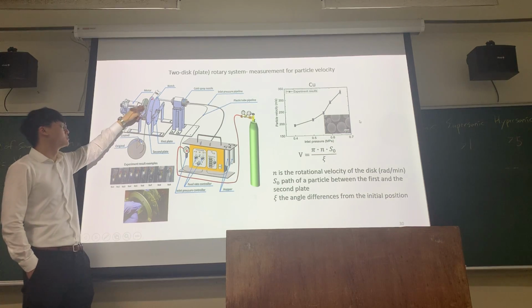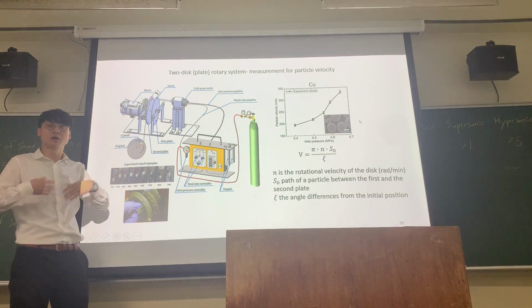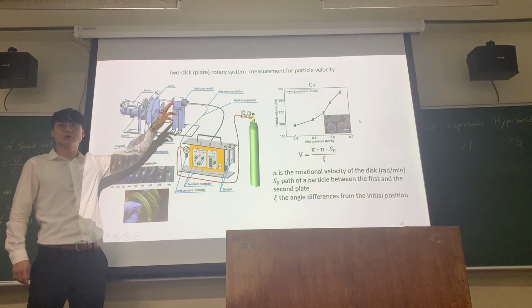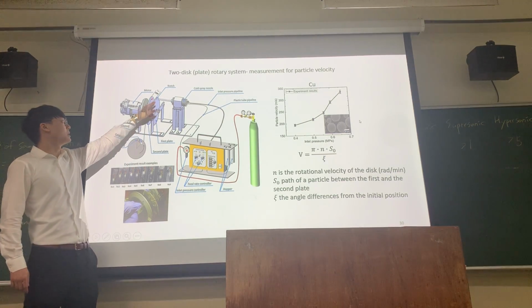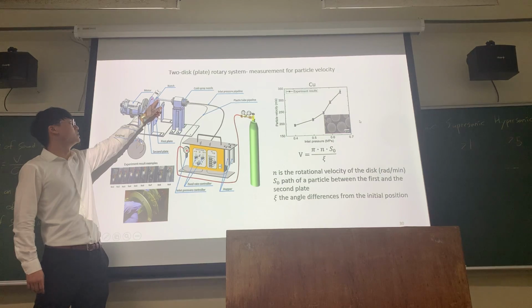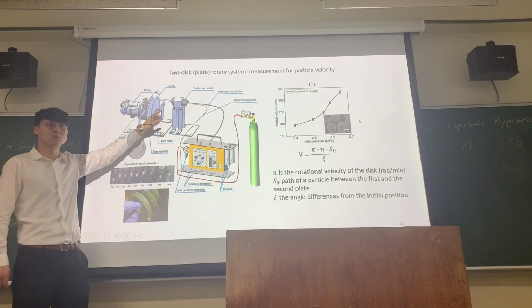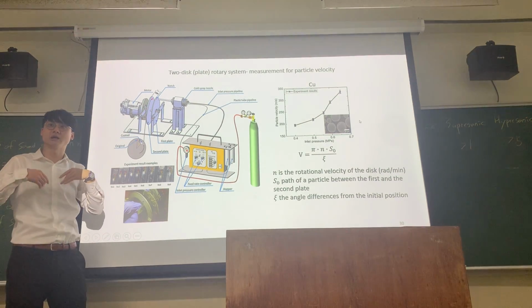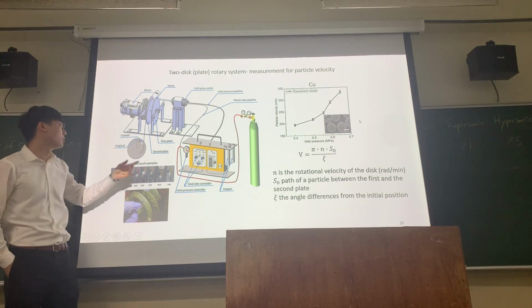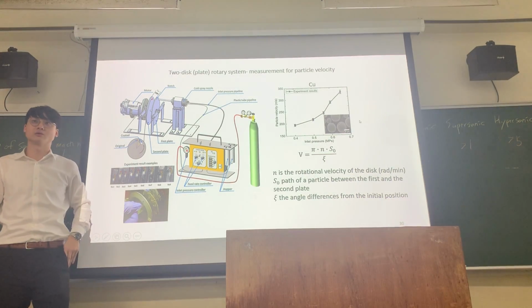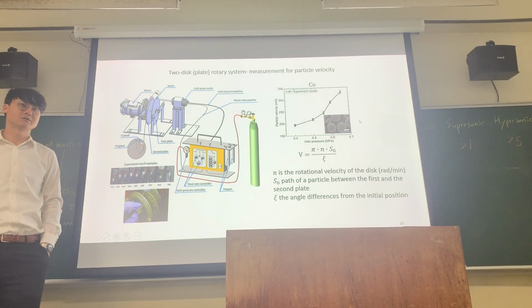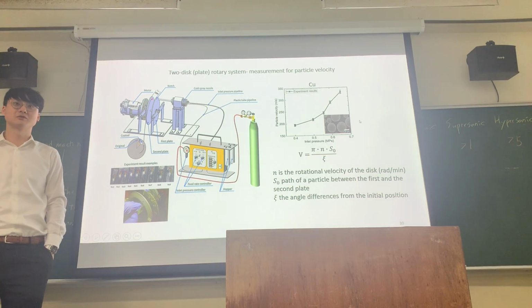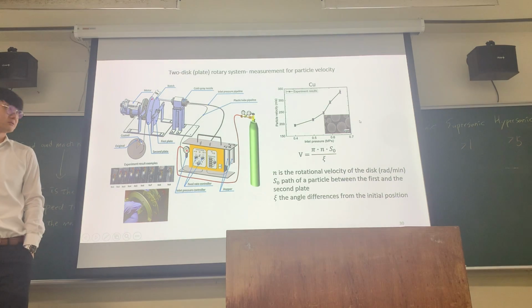While this tube plate is rotating, this cold spray powder is continuously injecting powders, right? While the particle goes through this notch, it continues flying while the tube plate is rotating, and it is the angle differences that allow us to calculate the particle velocity. You guys understand this very fundamental, very easy physics.